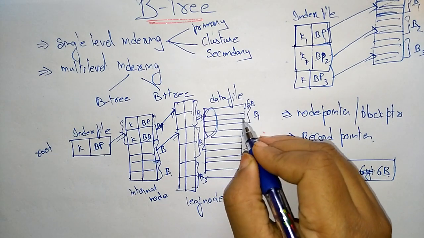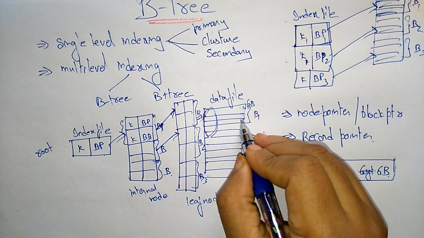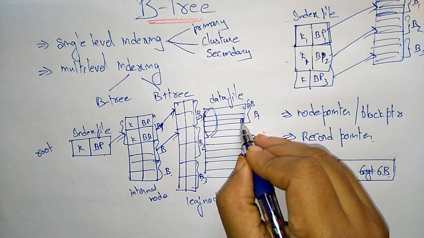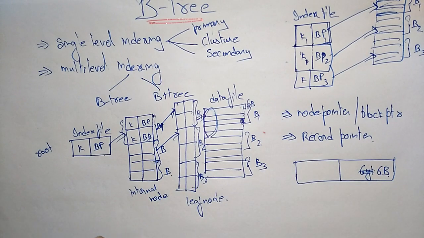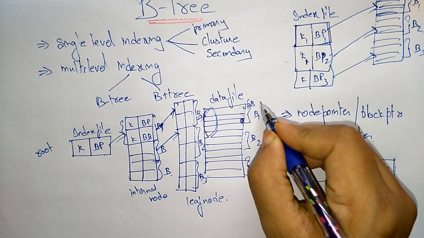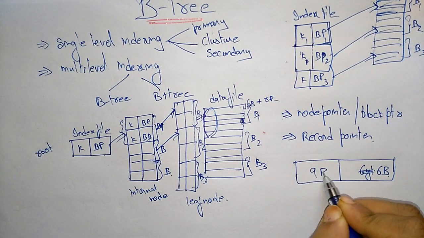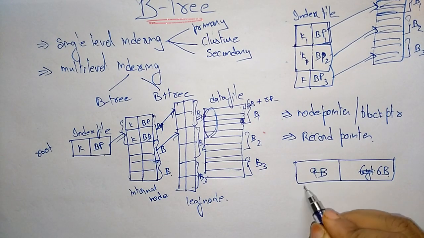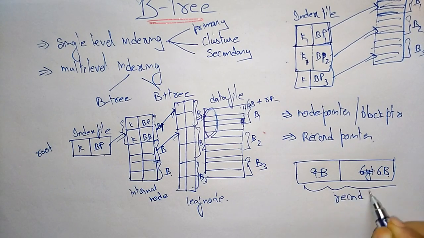Suppose you have 4 records in this block, and the last record has the data you want. To reach that point, it has to add this size plus the record pointer size. Suppose it is 9 bytes. So this is what you call a record pointer.